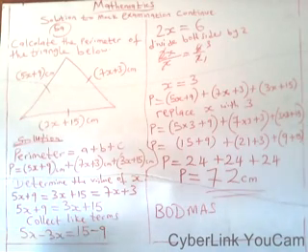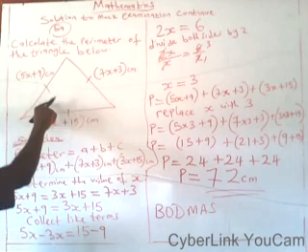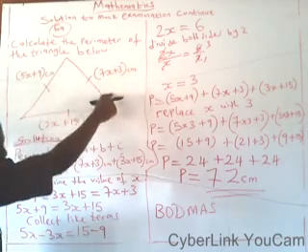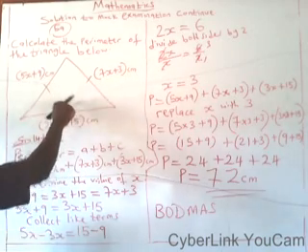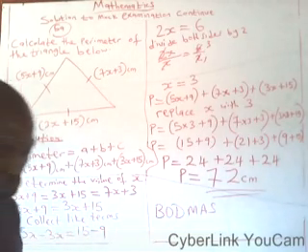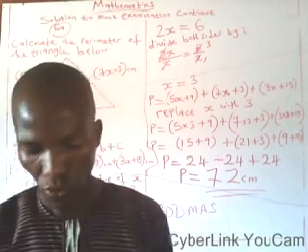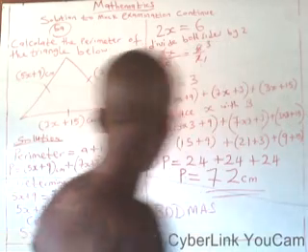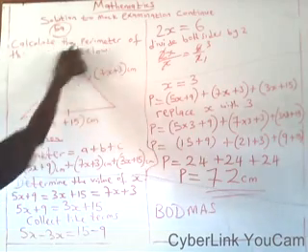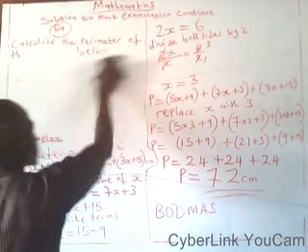Mind you, please always remember, it is not automatic that what this side is must also be for this side. It only happens in an equilateral triangle. Now let's move to the next question. The next question is question number 5b. Question number 5, and that question says that we should factorize.